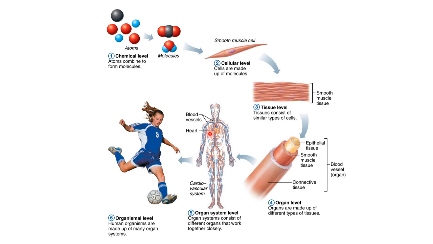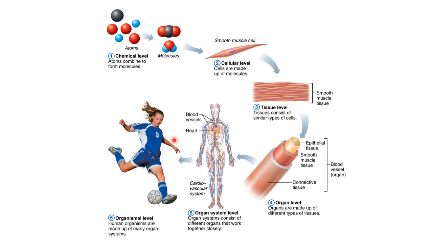Dagdag mo na din dyan ang ating urinary system for the production and elimination of urine, and the immune system for control of infection. We'll be able to produce the organism, which is the human in this case.